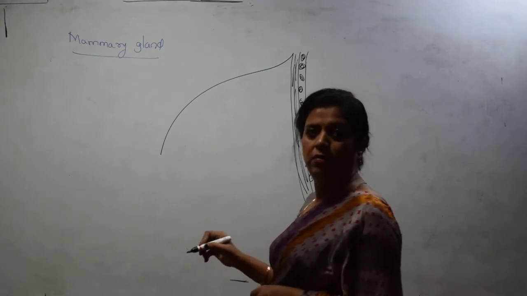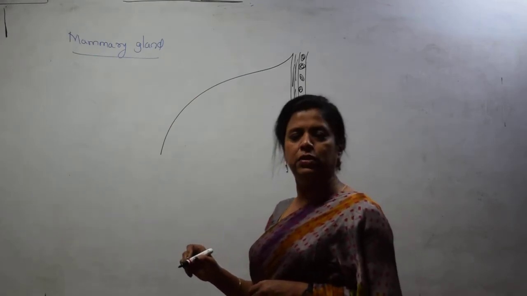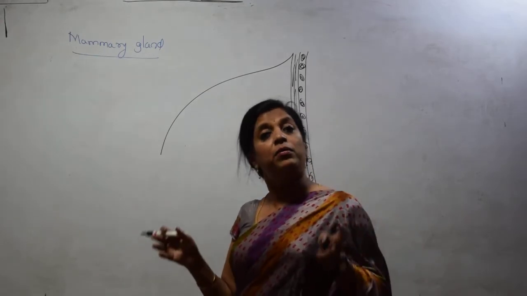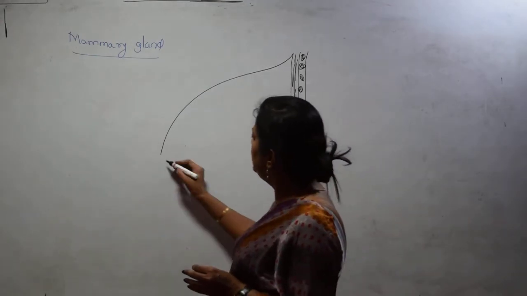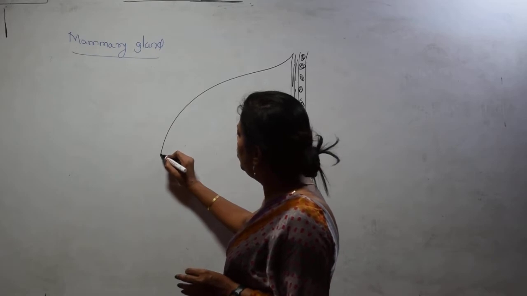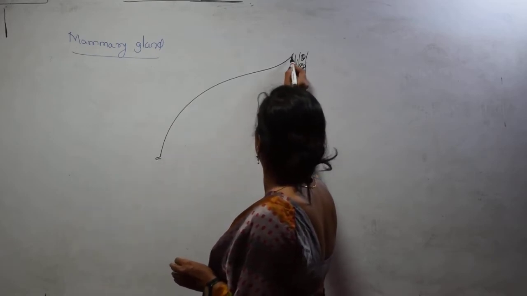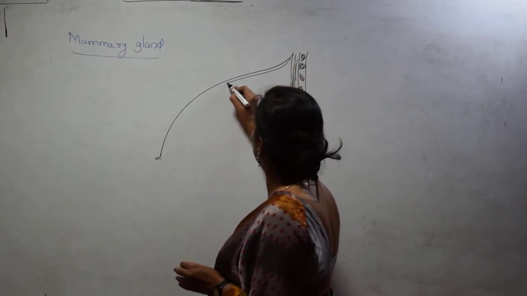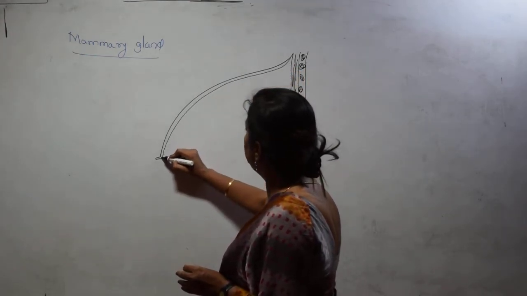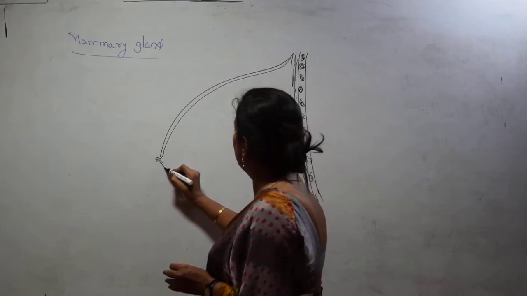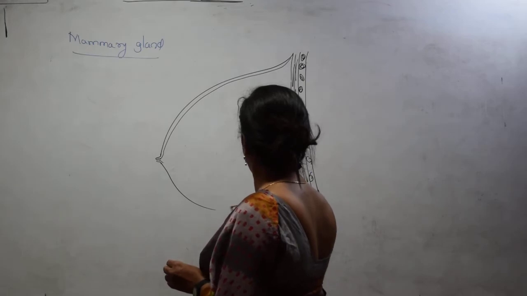This is the structure of the enlarged gland. Females undergo an enormous increase in their mammary gland when they enter puberty. And here it will end up with the small nipple. This is the nipple I am drawing, and this is the lower portion.